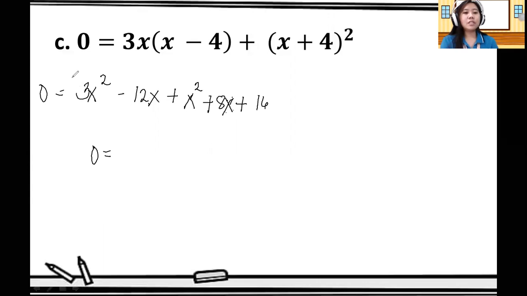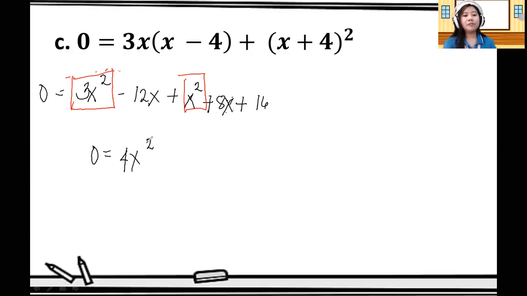First, we need to combine 3x squared. Pinag-aralan niyo na to nung grade 8 kayo sa polynomials: monomial, binomial, trinomial. So, 3x squared plus x squared is equal to 4x squared.